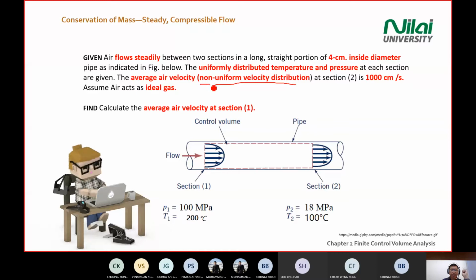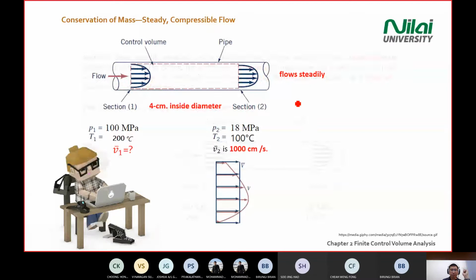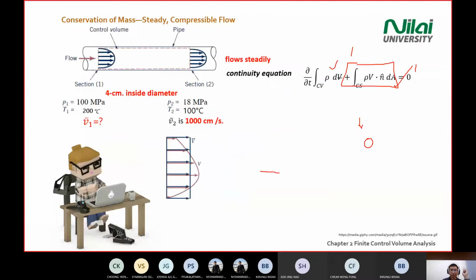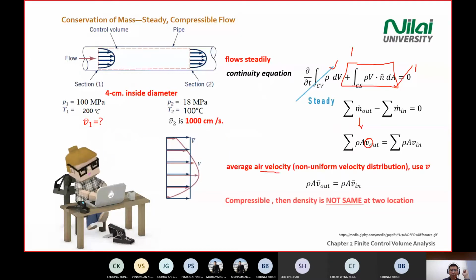This is an indirect meaning of compressible flow. Because of the compressible property, your density will not be the same. Density in this equation will not be the same. So later you need to define this one as rho out, and this one is rho in, because these two are not the same in a compressible scenario.